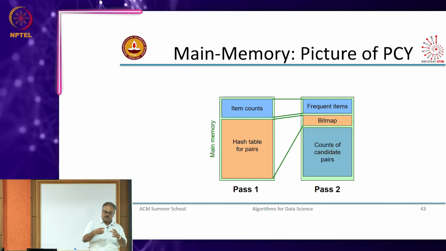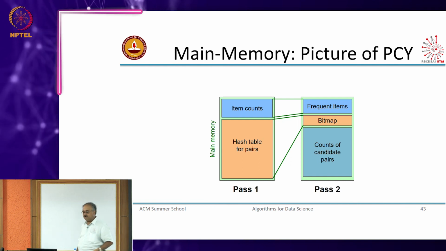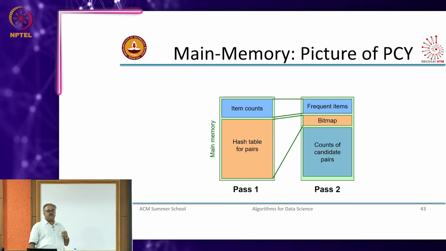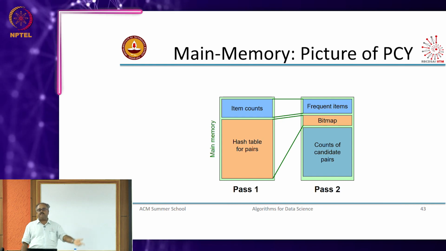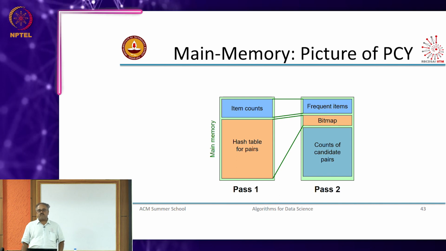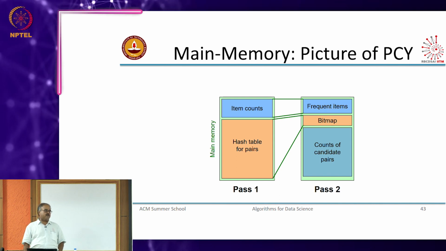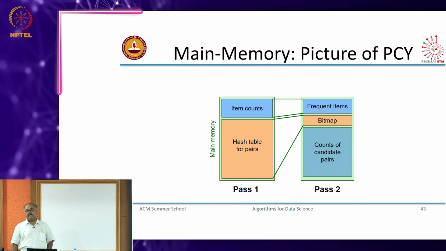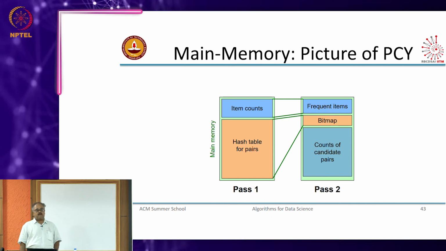Anyway, these are small numbers. I don't need the 4 bytes that I need for the full integer representation, right? So if I cut it down to 2 bytes, then I can basically double the number of buckets that I use. Why is 2 bytes enough? Why is the threshold enough? Because I am not interested in how much I exceed the threshold by. I am only interested in whether I reach the threshold or not, right?